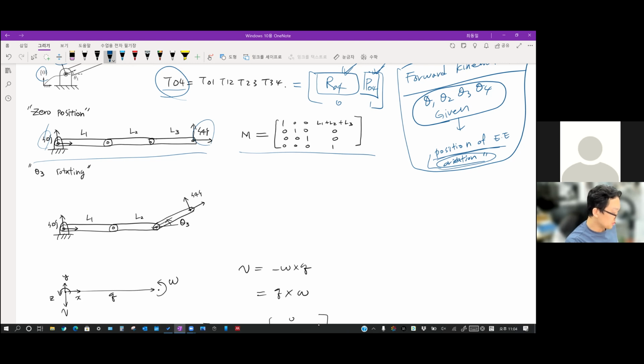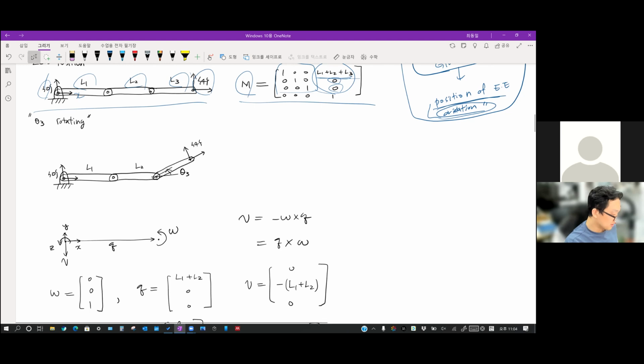Because the orientation is aligned, the rotation matrix becomes the identity matrix, and the position becomes L1 plus L2 plus L3 as the x component, with y component 0 and z component 0. That is the homogeneous transformation in the zero position.